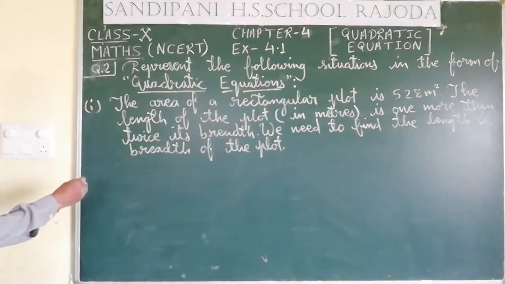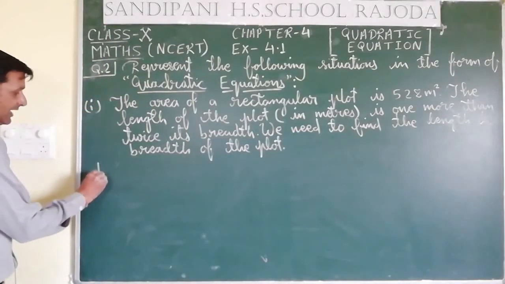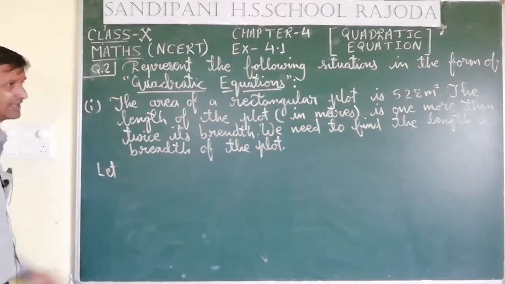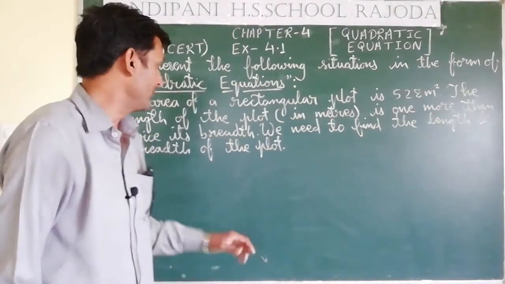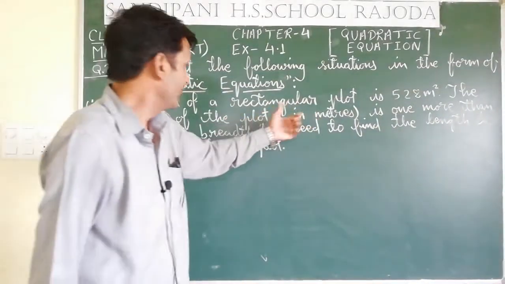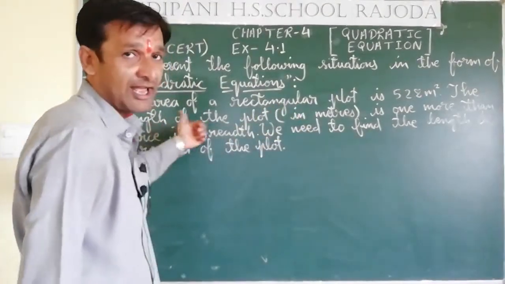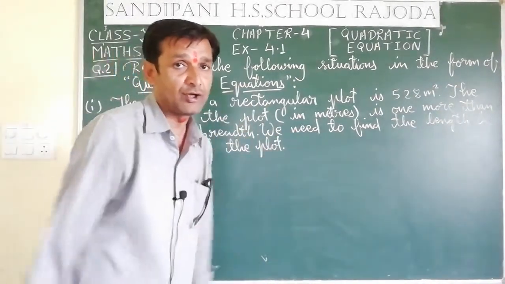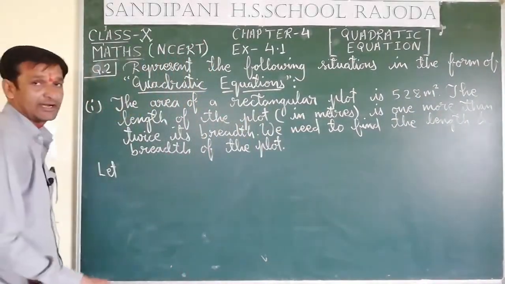So here first of all let us consider width first of all, because after considering width, if we consider length, then it will be appropriate to form a quadratic equation.